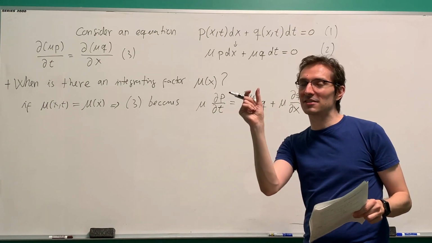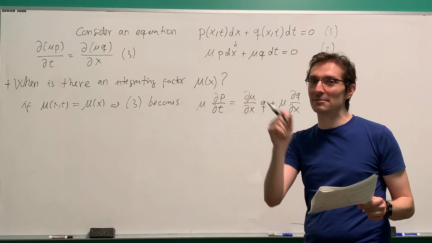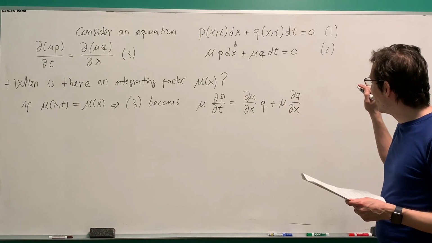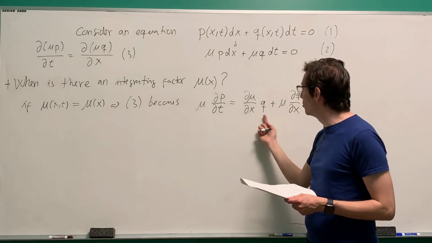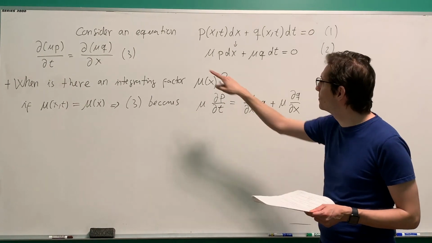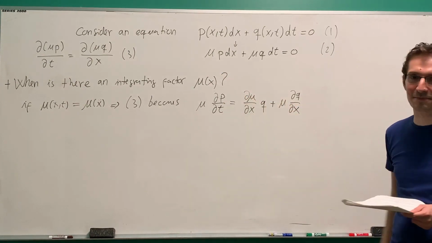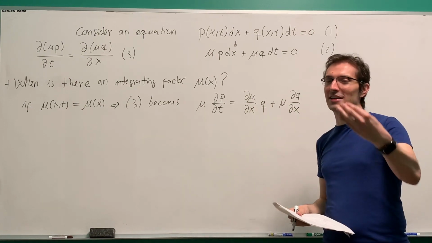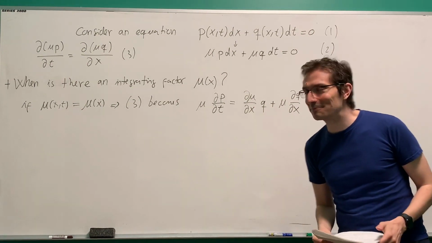The product of A times B is not the same as the product of B times A. Okay? So because of that, I always advise you to keep the order right. Leibniz rule still works, but you need to keep the order. So mu is first in both cases. Just a bit of advice. Of course, it's irrelevant for our case, but I think it's good practice to learn and create habits.